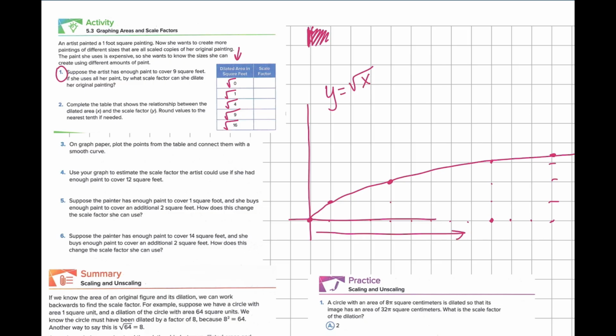Suppose the painter has enough paint to cover 1 square foot and she buys enough paint to cover an additional 2 square feet. How does this change the scale factor she can use? So 1 square foot, right? Our feet squared. Let's do that. If we go 1 plus 2, you get 3, right? 3 squared is 9 square feet.